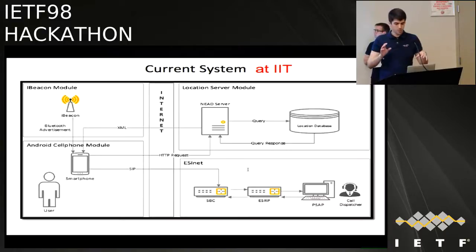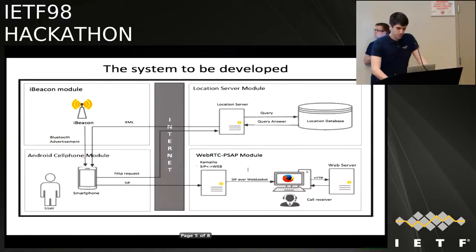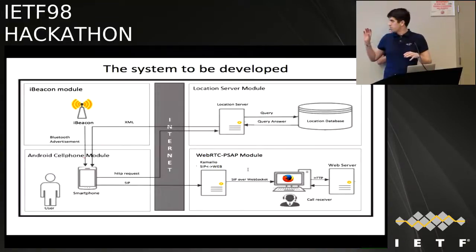And we receive this SIP call on a SIP interface, which is a PSAP. So what we wanted to do this weekend is a WebRTC PSAP module, which is able to take SIP calls and transmit them to a WebRTC PSAP, which is able to show you the indoor location of the caller.